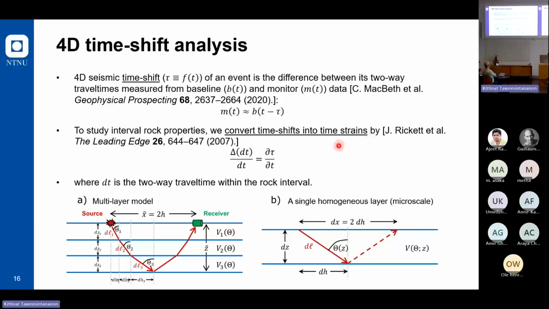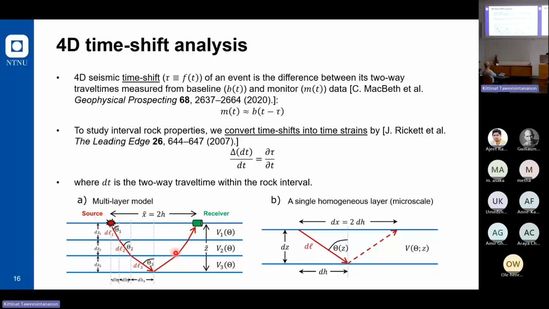To do that, we take the time derivative of the time shift function, and then we get the time strain. So the time strain is the change in travel time per unit of the original travel time, that is, for the travel time within the rock thickness.